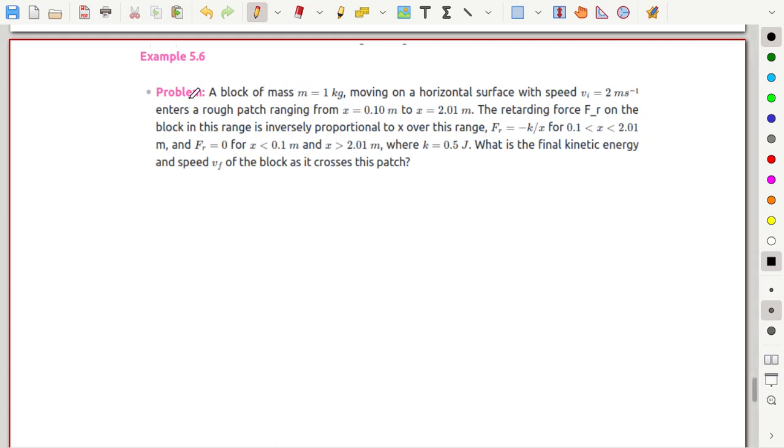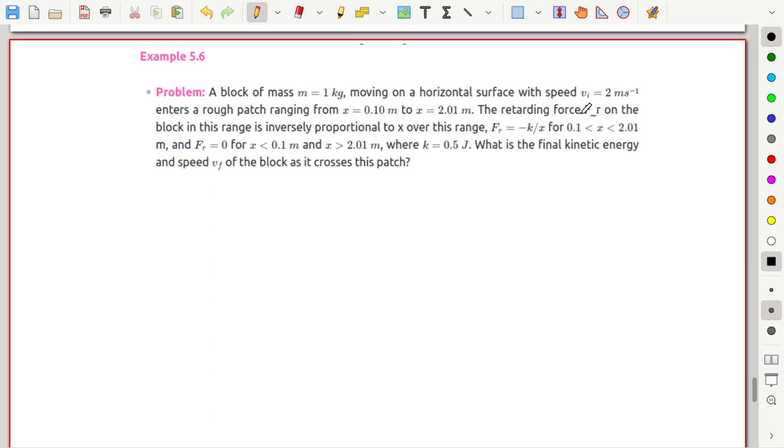Next, we move on to example 5.6. This is the problem statement. A block of mass m equal to 1 kg, moving on a horizontal surface with an initial speed of 2 meters per second, enters a rough patch ranging from x equal to 0.1 to 2.01 meters.